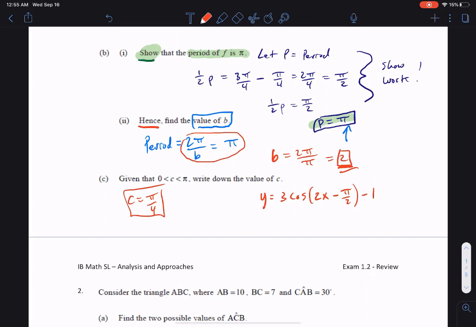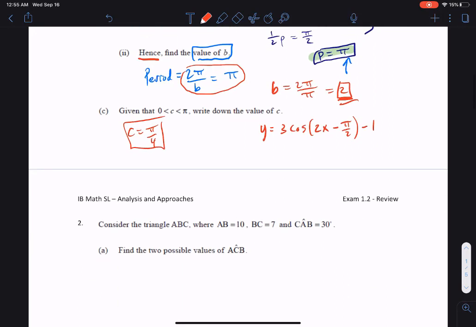Here's the equation I would have written, the way I would have written it without factoring out a B.